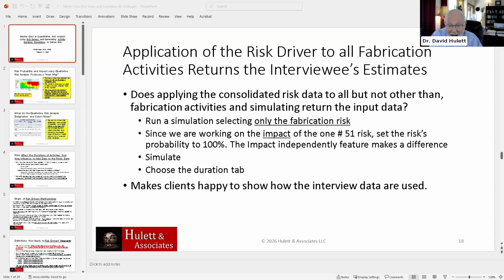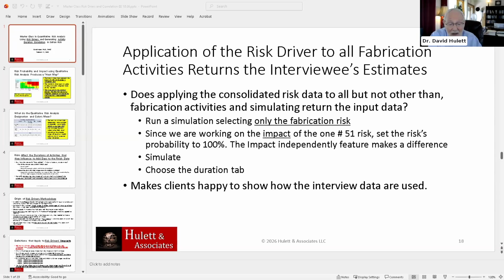Since we're working on the impact, set the probability to 100% because we want to simulate the fabrication risk affecting fabrication, just for the impact. So let's not mess up the results of the simulation by also trying to figure out the 75% likelihood. Okay, then you simulate, and then you choose the duration tab and watch what happens.